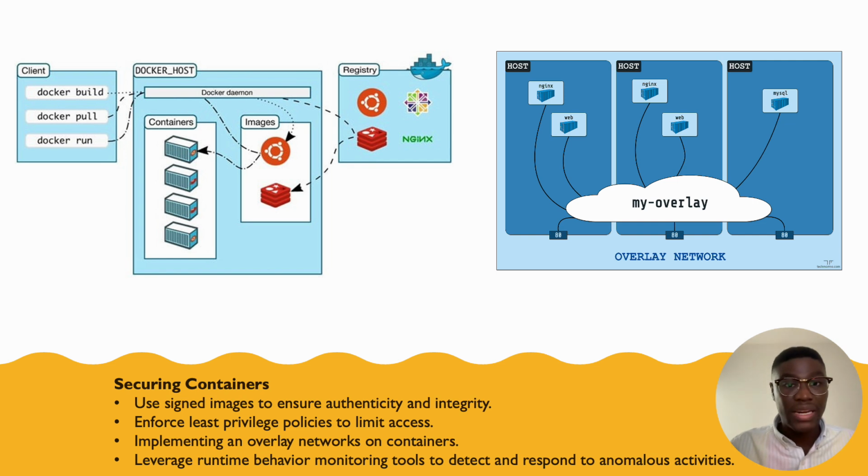Also, implement an overlay network for containers. In Docker, an overlay means that each container has its own networking. Whenever they need to communicate with one another, the overlay network is the one that sends it, so they don't have access to the main host. For example, if we're using type 2 virtualization, where there's a host and there are guest hosts, you don't give the container rights to the main host system.